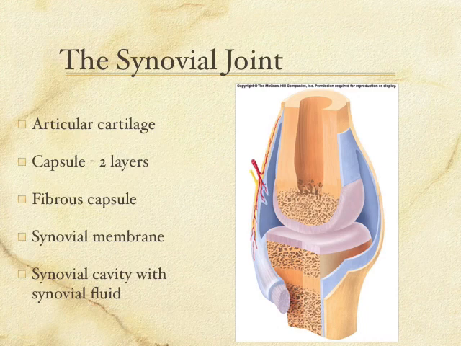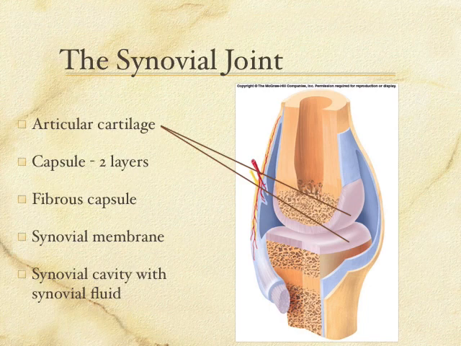Number one would be the fact that the two bones where they touch are covered with cartilage. And anywhere they are going to rub against one another, there's going to be cartilage. The rest of this can be bone, but where they touch and rub is cartilage. What type of cartilage? Hyaline cartilage, exactly.